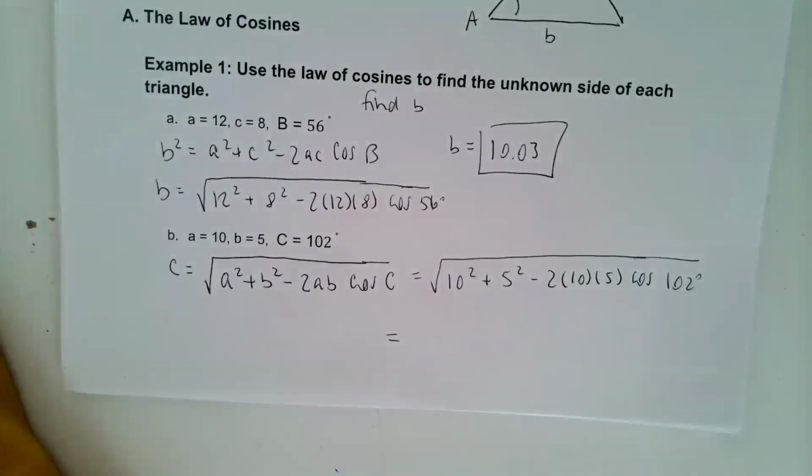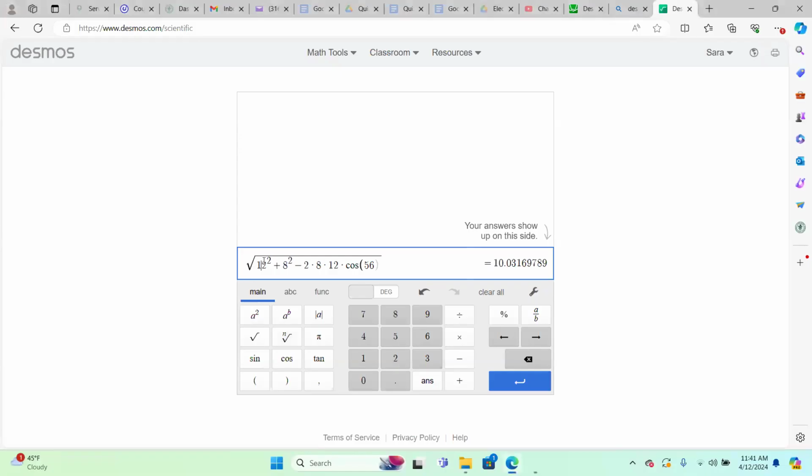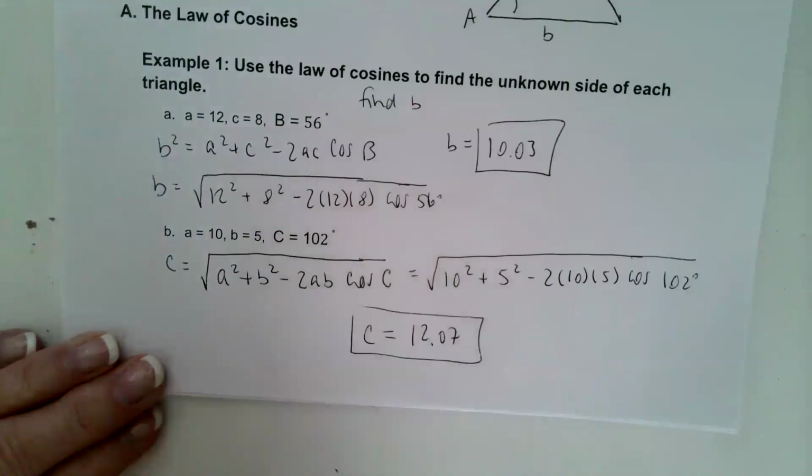And when we put that into the scientific Desmos, and the cool thing is we can just edit these, that's 102. And the length of the side C is 12.07.